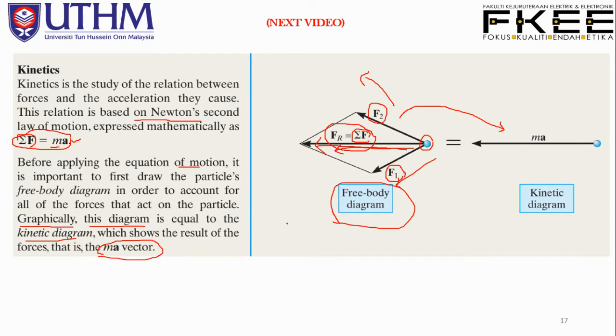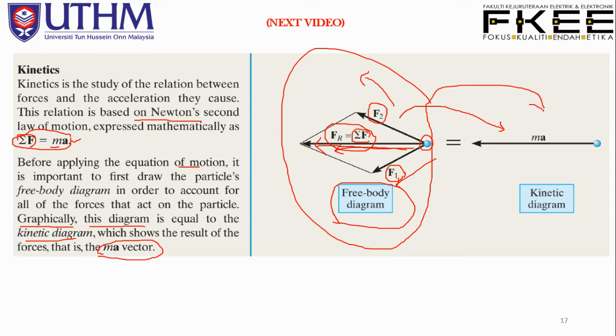In other words, we can represent the free body diagram as a better kinetic diagram with one particle over here, and this is caused by the force applied, which is the ma vector, right? The mass multiplied by the acceleration.